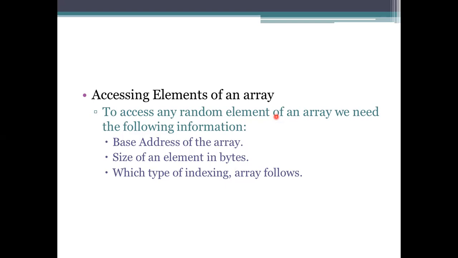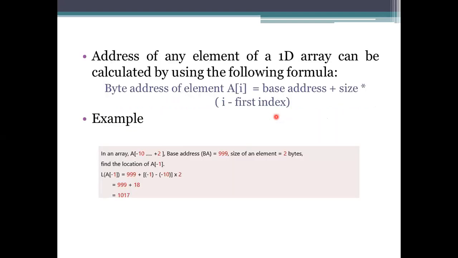What is the type of indexing being followed, whether it is 0, 1 or n based? The size of an element means what data type you are using, which indicates the size of that processing. Based on that, we have the formula for the one-dimensional array, not the two-dimensional array.